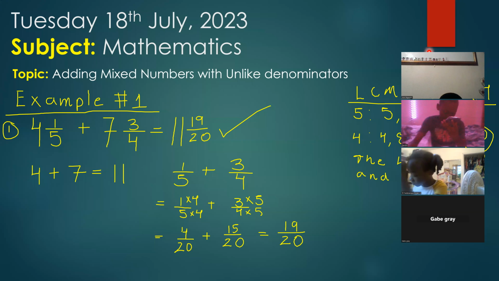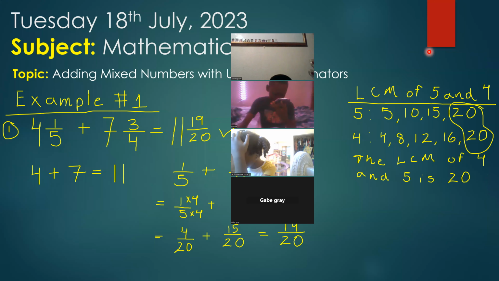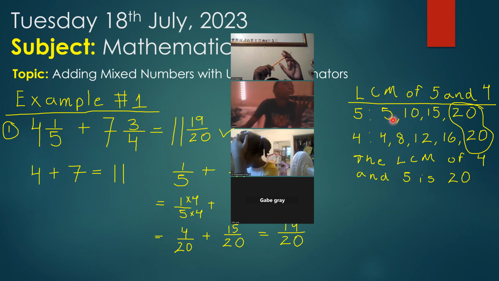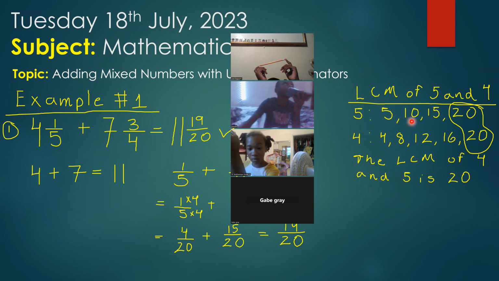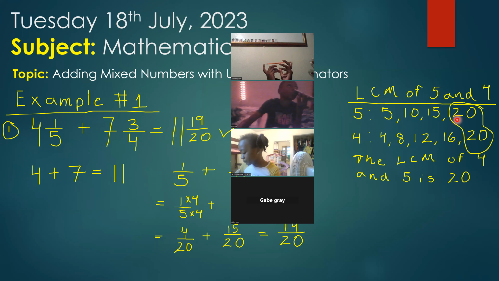How do we find the LCM? We first have to list the multiples, right? So what are the multiples of 5? 5 times 4 is 20.